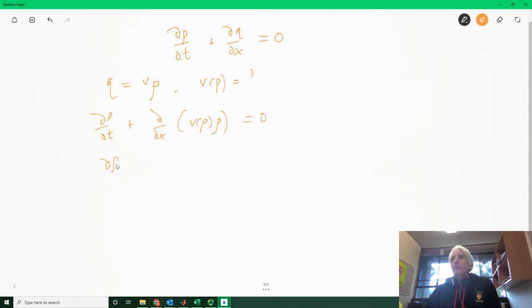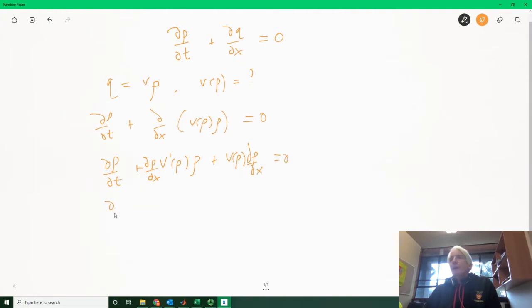And then that's going to be ∂ρ/∂t plus, and I'm going to differentiate that, I'm going to get v'(ρ) times ρ times ∂ρ/∂x. When I differentiate this, I'm going to take the x inside and get ∂ρ/∂x. This ρ comes from here, plus I'm going to get v(ρ) times ∂ρ/∂x equals 0.